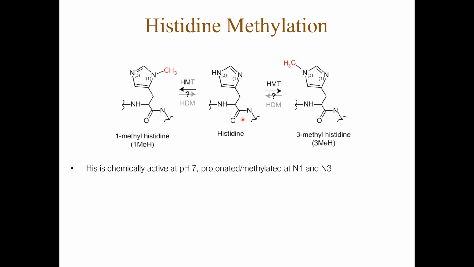The methylated forms are called 1-methylhistidine if the methyl group sits on the N1 atom, or 3-methylhistidine if the methyl group sits on the N3 atom. This modification was first discovered in the late 60s, so it has been known for over 5 decades, but nothing has really been known about its enzymatic regulation and the extent and abundance of the modification.